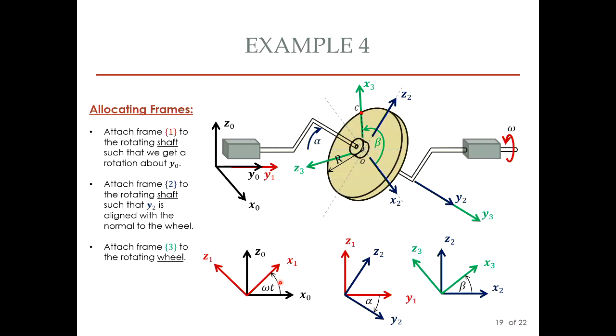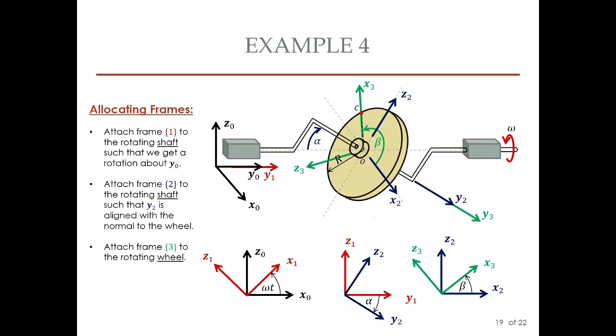The red frame 1, coordinate system 1, is attached to this shaft such that y1 is aligned with the horizontal part of the shaft. So y1 is aligned like that, and look at the rotation with this omega. We have our rotation by angle omega t in the negative y1 direction.